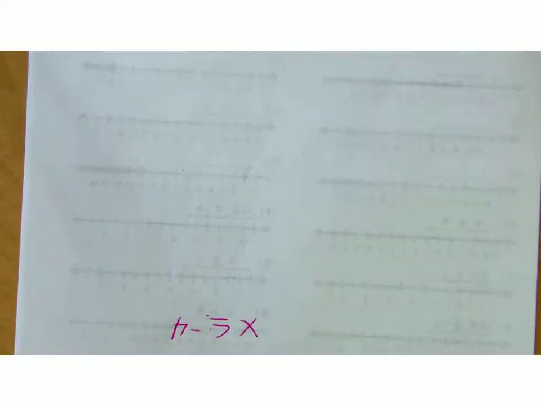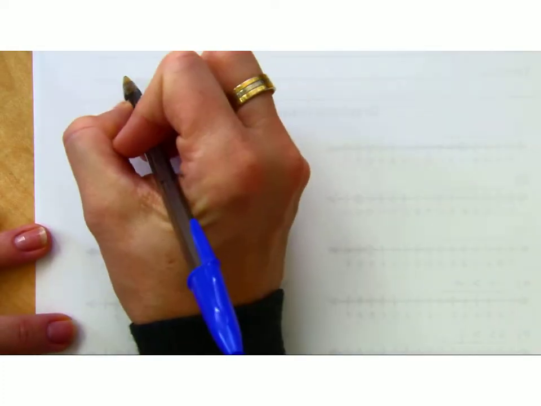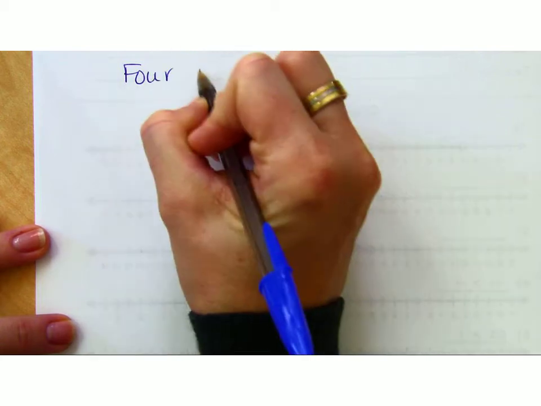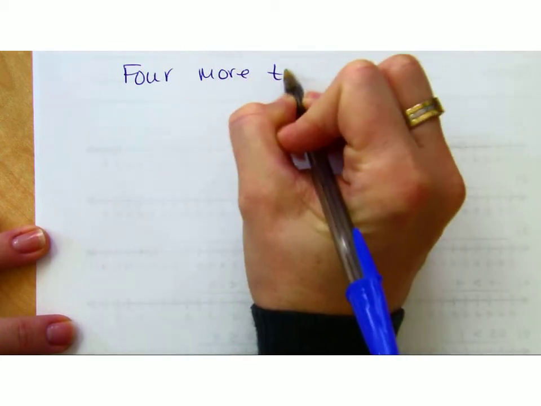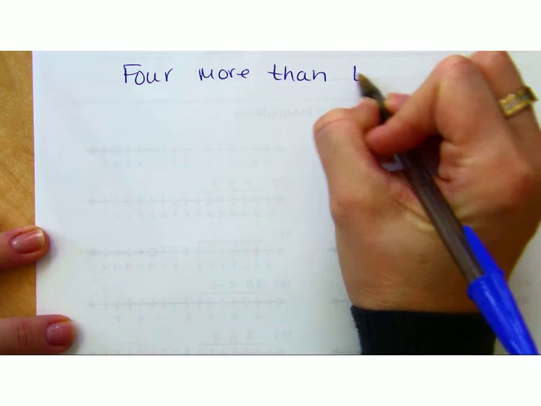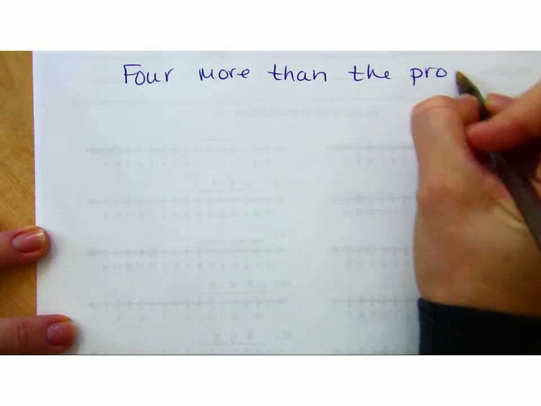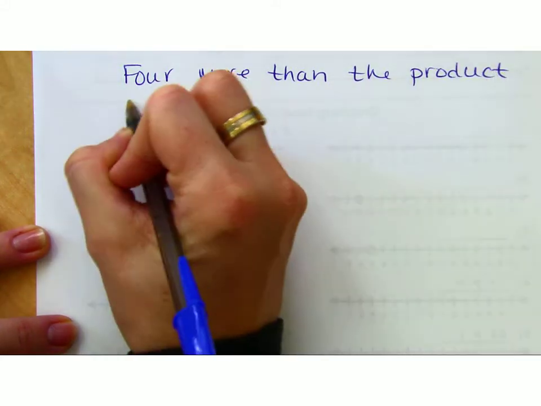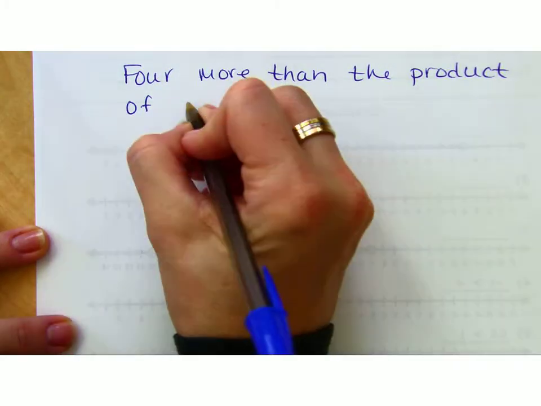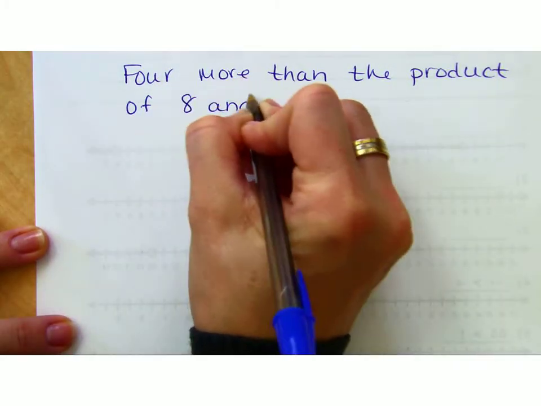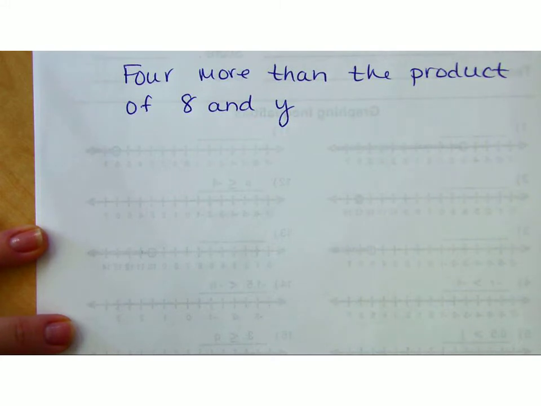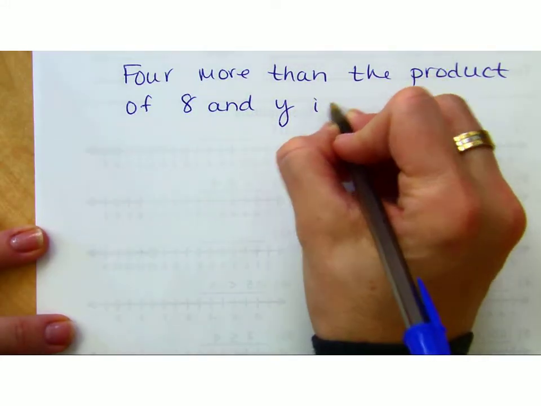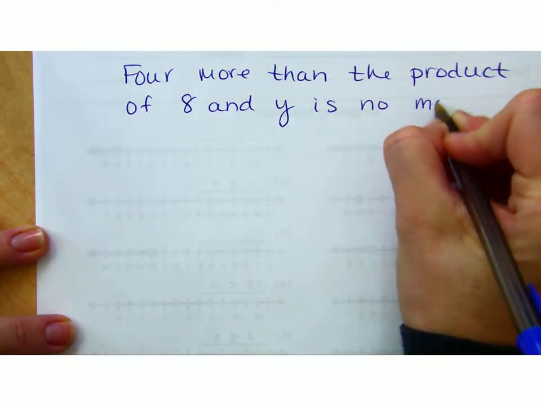So our verbal portion says this. You have to translate. So for more than the product of, sorry, a lot of writing, 8 and y is no more than -6.